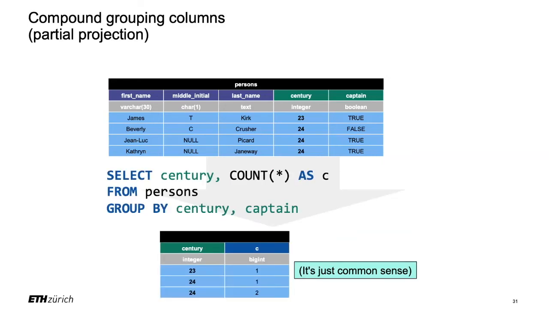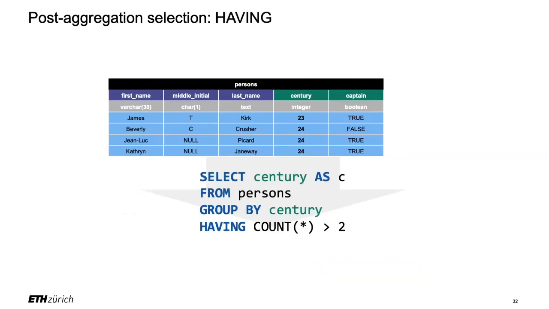Okay, so group by was the new clause that we've just introduced. And here's another clause. That's the having clause. So you're going to tell me yet another clause. Yes, but it's kind of like the where clause. This is the good news. Just think of it as a second kind of where clause. The difference with the where clause is that it's after the group by. The where clause is before the group by, so it is really a selection on the original table.